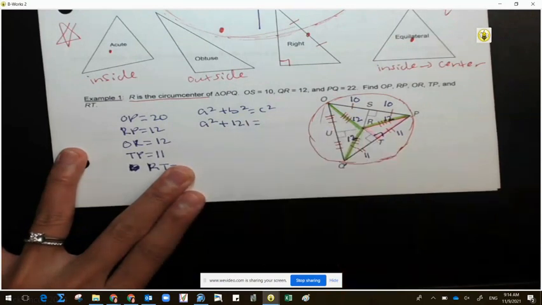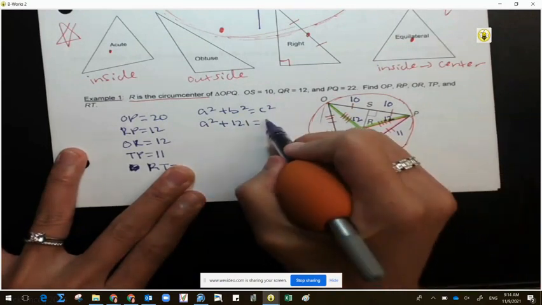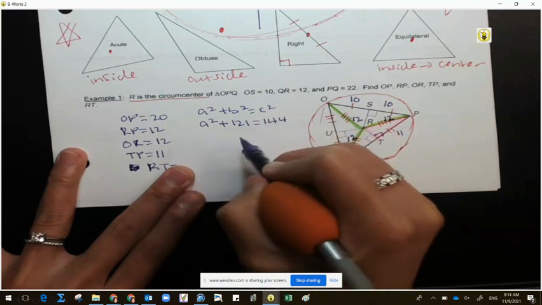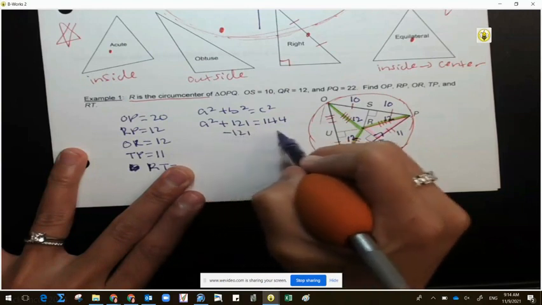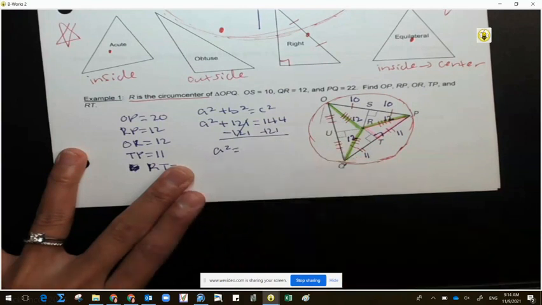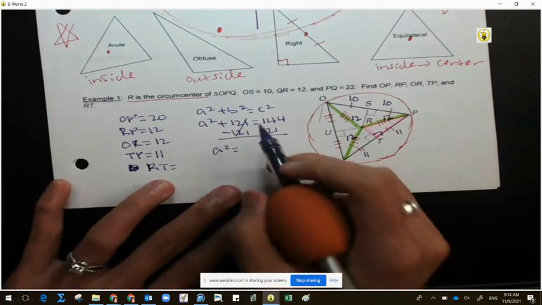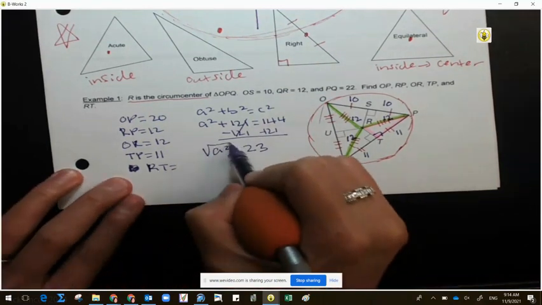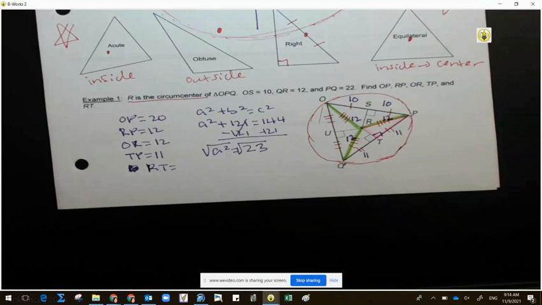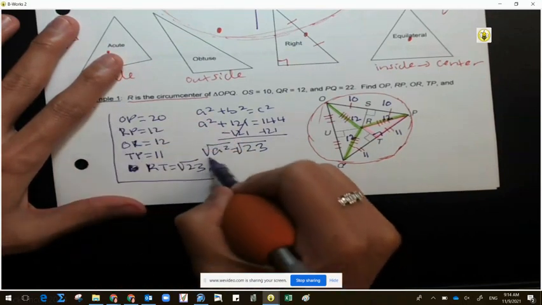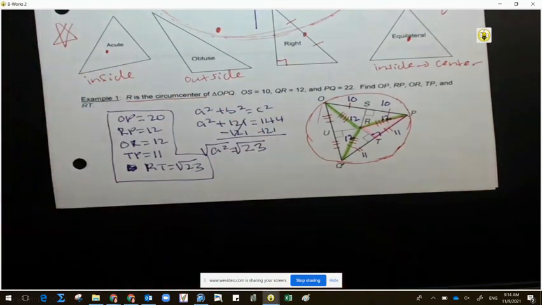Is everyone okay with that? C squared is how many? 144. And then when I subtract 121 on both sides, and yes, do the work on the side on your own in your head, 144 minus 121 is 23. And even if I square root this, we're not going to be able to compute it because 23 is, first of all, a prime number, and it's going to be some ugly decimal. Let's leave it as it is. And that is our final answer.